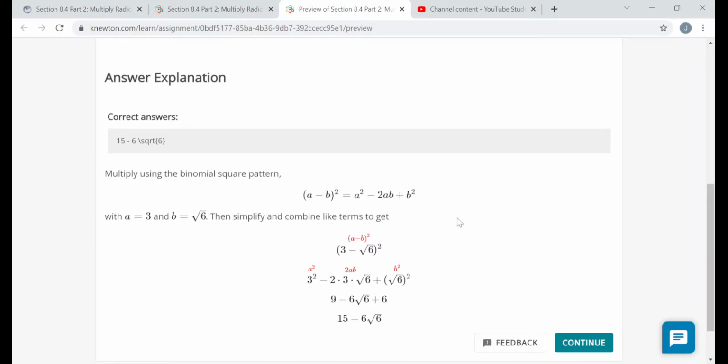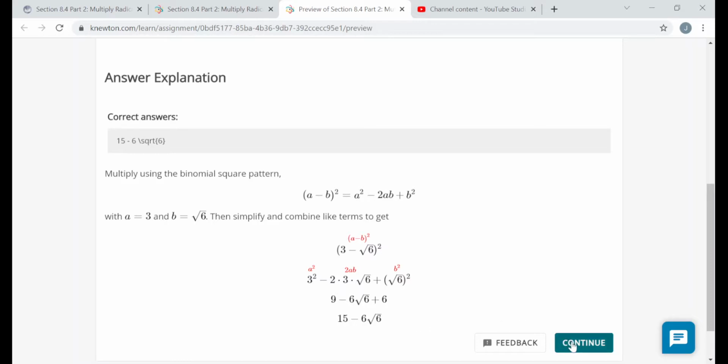They're using a formula for squaring a difference. Maybe they'll show you an alternate method that you like better and will use in future questions. Now, if you got it wrong, definitely read through the answer explanations, see where you went wrong, why you were wrong. Hopefully you can figure that out, learn from your mistakes, and do better on future questions.